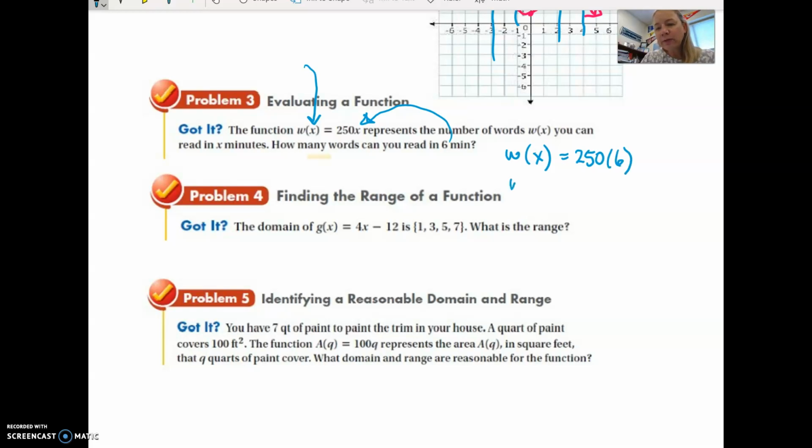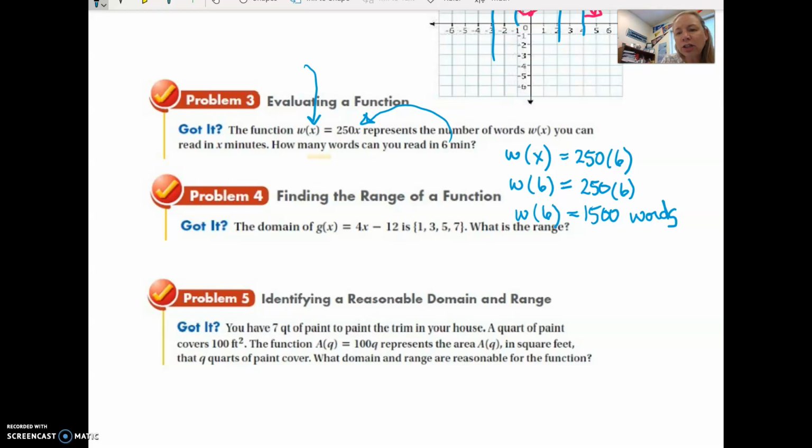And sometimes we even see it written this way, where they plug in the 6 there to show that we're talking about 6 minutes, or 6 represents X. So that's using our function notation. So then we could also write our answer as W of 6 equals 1,500 words. Just answering the question. So that's, again, using that function notation style.